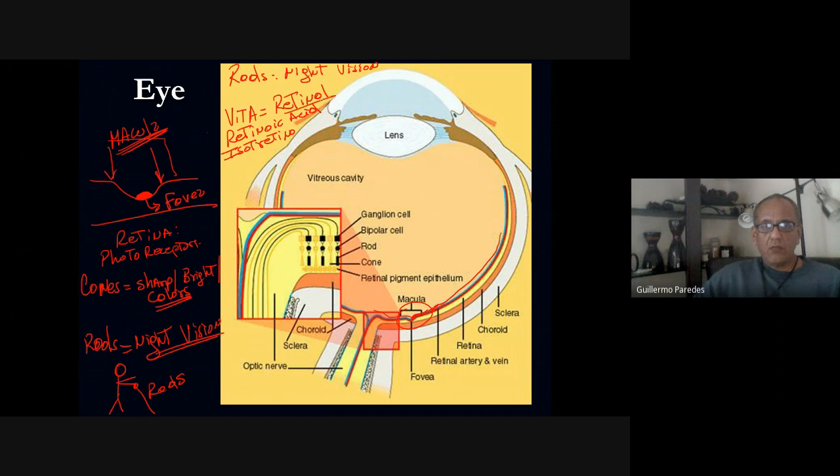I just want you to know retinol, okay? We have the carotene as well. Carotene is not vitamin A. Carotene is a precursor of the vitamin A.